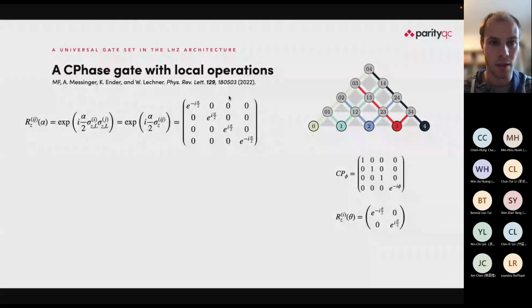And if I write that out as a matrix, we have this form of the exponents plus minus i alpha over 2.